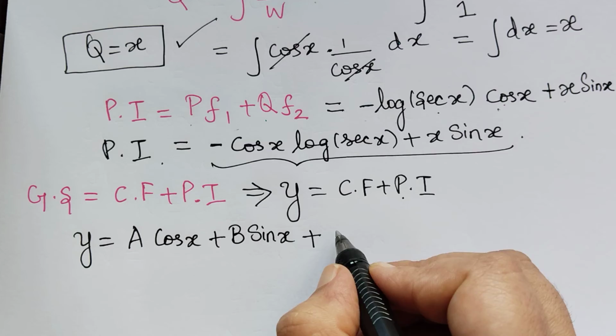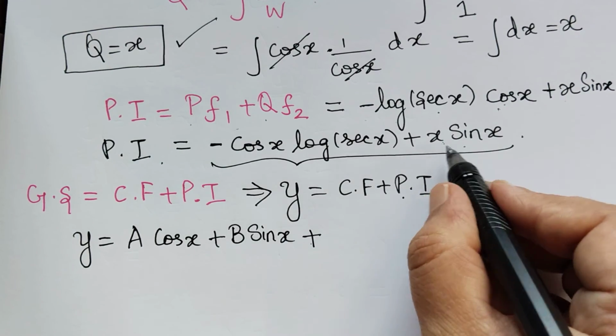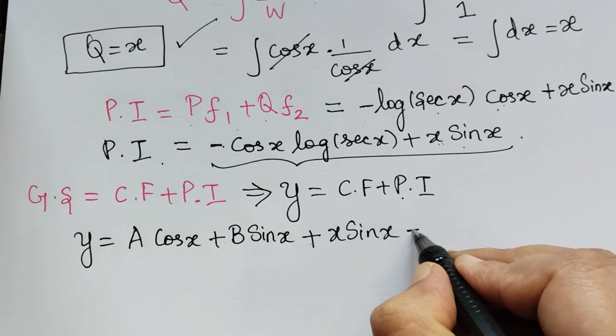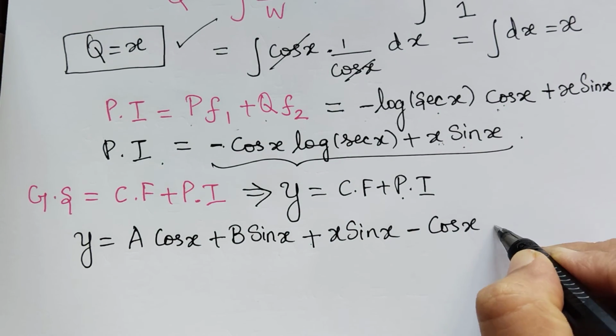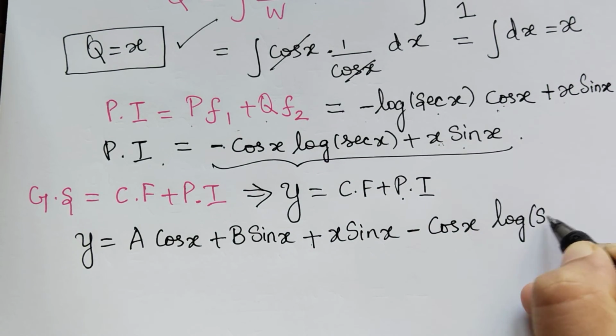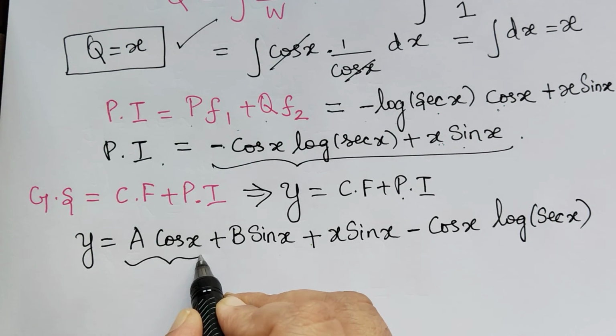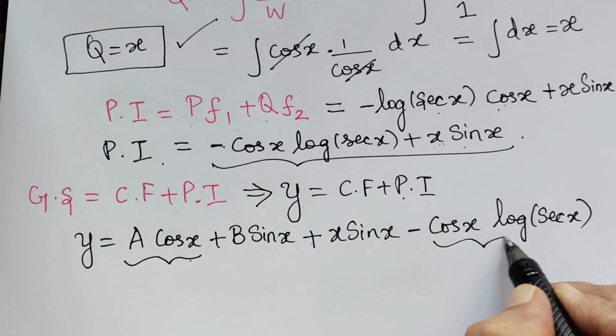So particular integral just now we have found here. So we shall substitute it. So I will write this first. So plus x sin x, and then this minus cos x log of secant x. Now if you see, from these two terms we can take cos x in common.